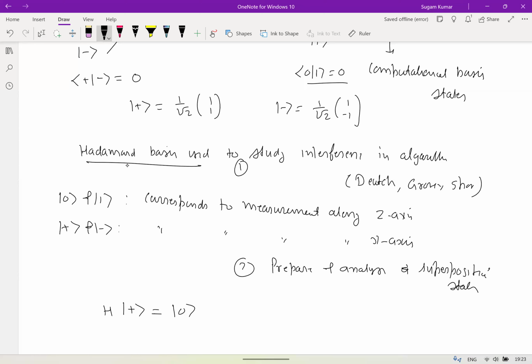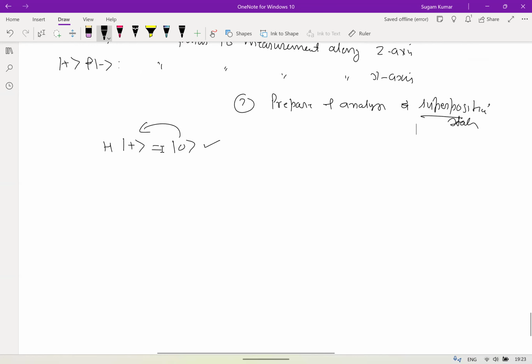So if the system collapses to the corresponding computational basis, then you can say that before that the state was in the superposition state. So if you want to check whether the state is a superposition or not, then also you can use the Hadamard gate. So the Hadamard basis is a very useful concept in quantum mechanics.